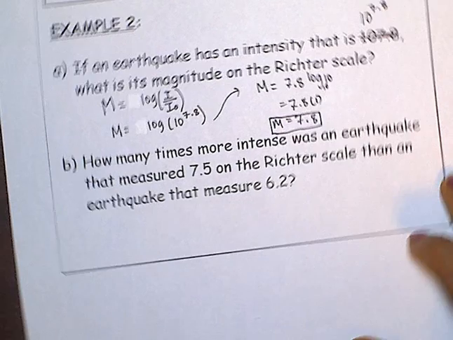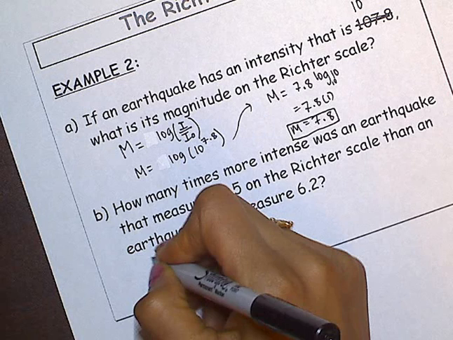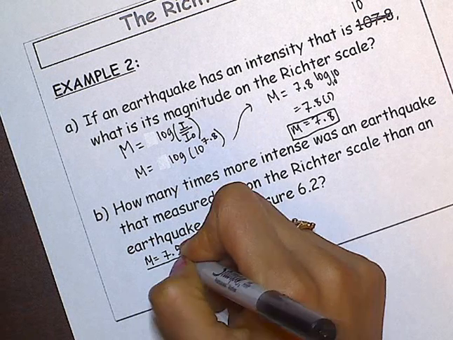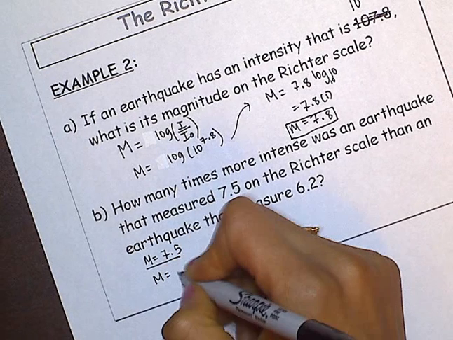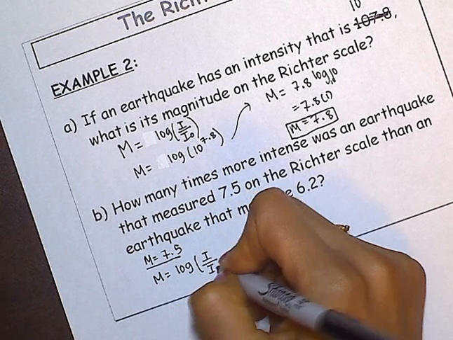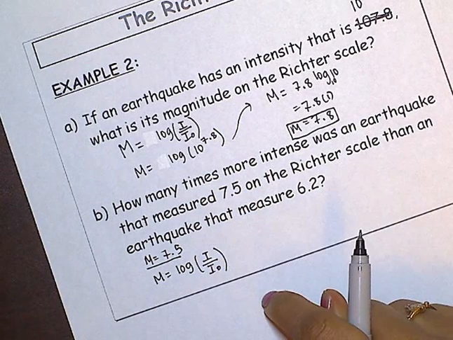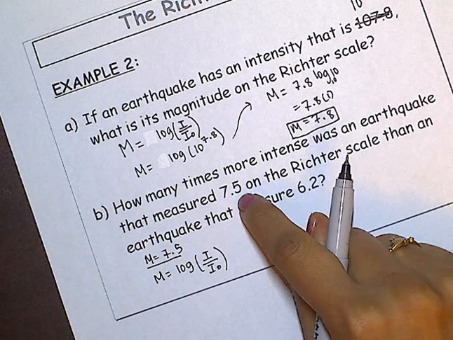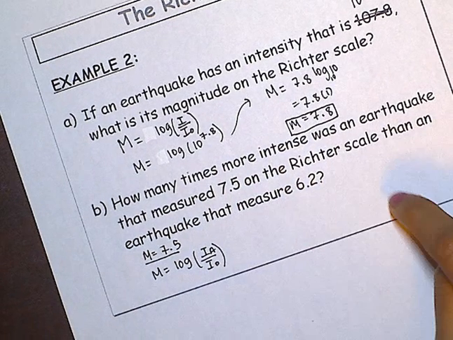For the 7.5 magnitude, I'm using my magnitude formula for the Richter scale. It's M equals log of I divided by I naught. I'm going to call the intensity for the earthquake that has a magnitude of 7.5 IA, and I will call the intensity for the earthquake that has a magnitude of 6.2 IB.